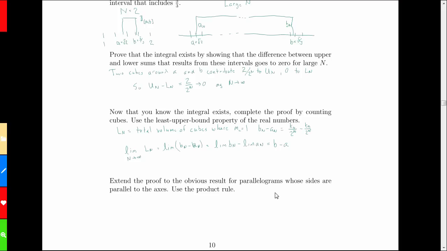If we go from one dimension to 2 dimensions, we have to combine the two results we just proved.